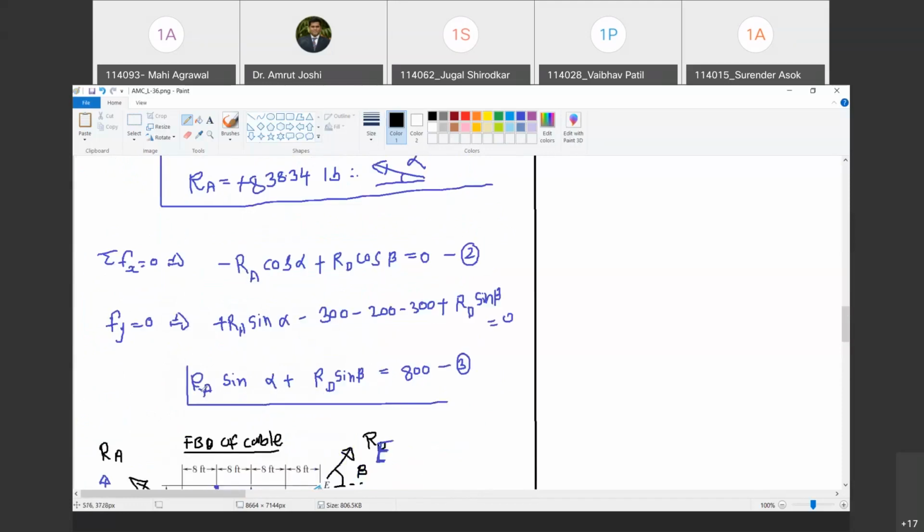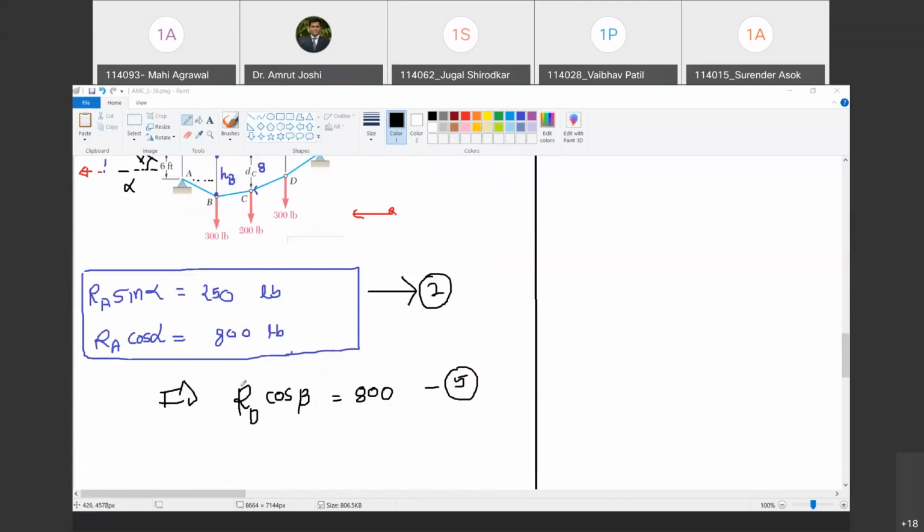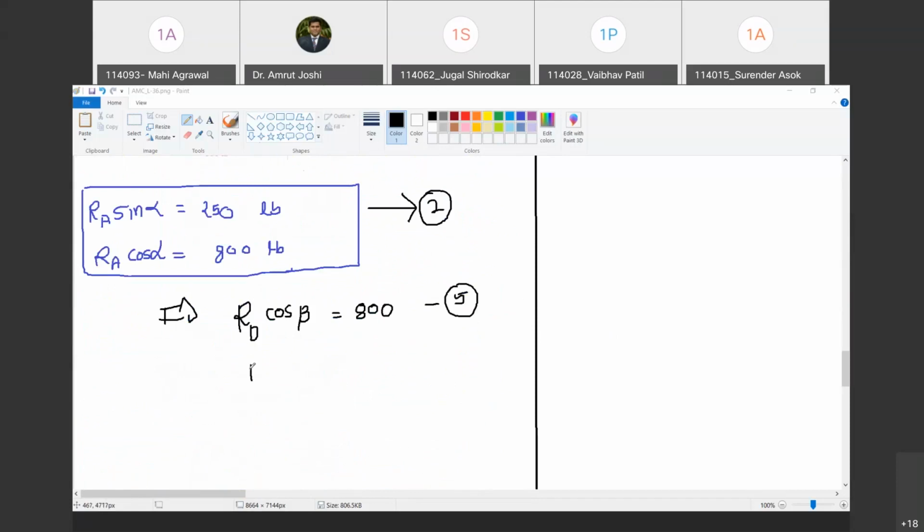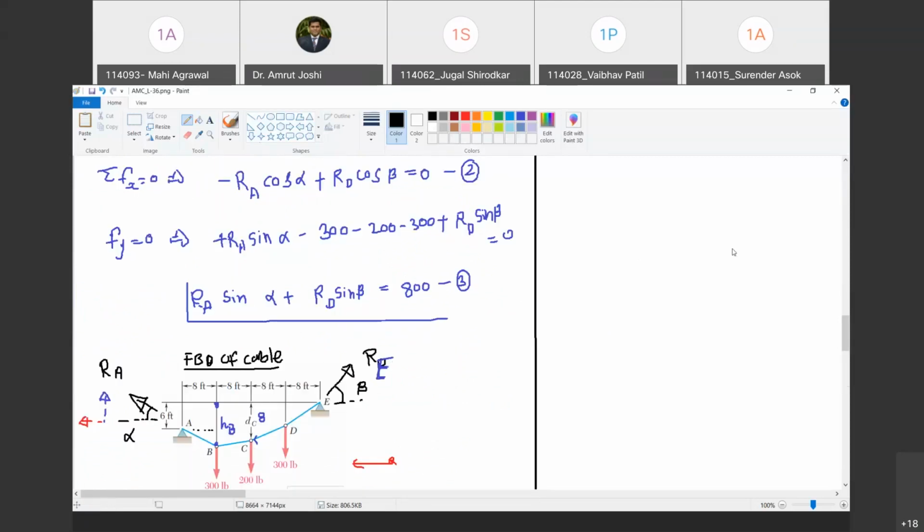What is the second equation? RA sin alpha plus RD sin beta is equal to 800. Are you with me? Yes, sir. But what is RA sin alpha? RA sin alpha is 250. So therefore RD sin beta is equal to 800 minus 250.